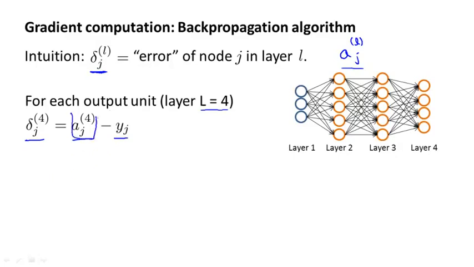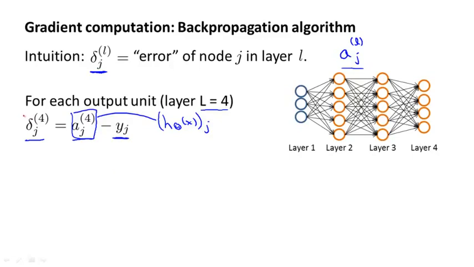So this term here can also be written h of x subscript j, right? So this delta term is just the difference between what our hypothesis outputs and what was the value of y in our training set, where this y subscript j is the jth element of the vector value y in our labeled training set.